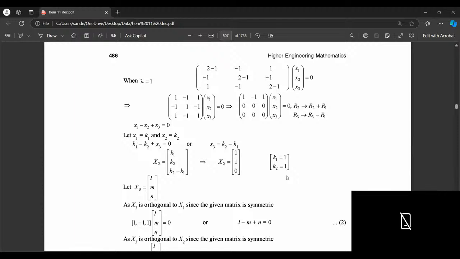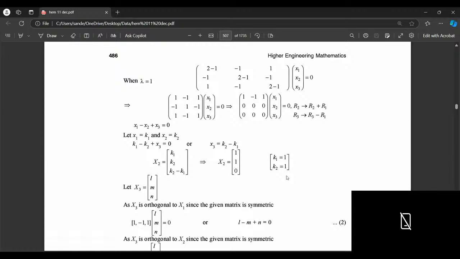But for the third eigenvector, the procedure is different. If the matrix is symmetric and roots are repeated, again put lambda equal to 1. You will get only one equation, x1 - x2 + x3 equal to 0, and the last two rows are 0, 0, 0.